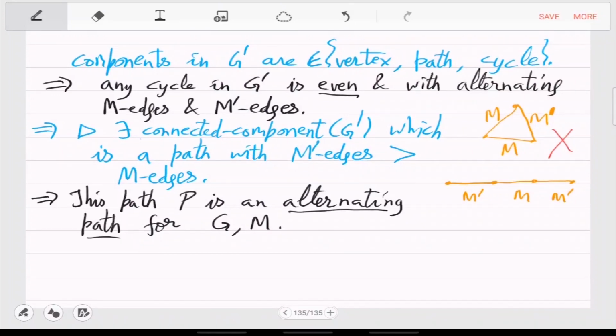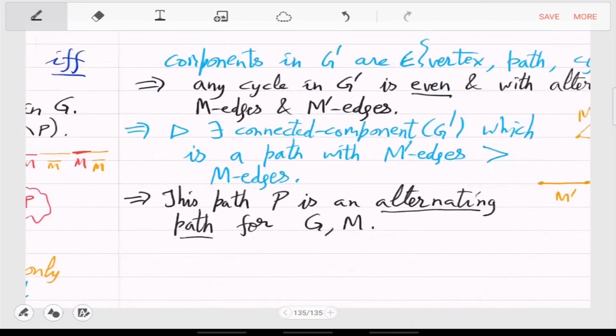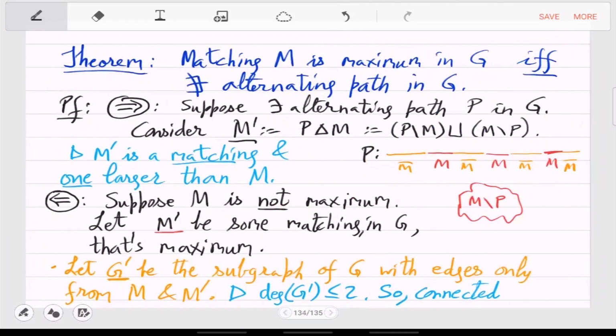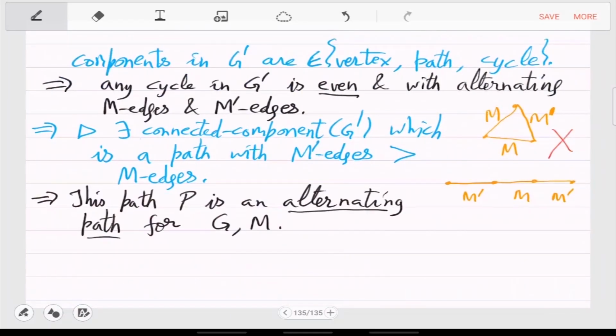Then you can repeat. But here our goal was to just prove this fact, the other side, and we have that now. So if M is not maximum, then there will be an alternating path. I think here we can stop.